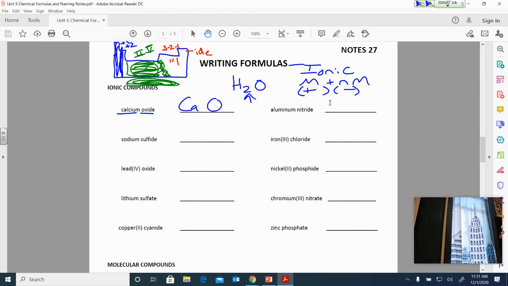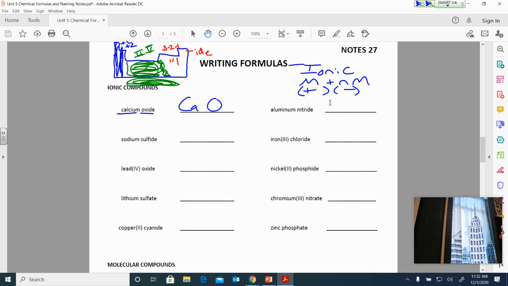Well, how did that 2 get there? How do I know that I have to have 2 hydrogens to that 1 oxygen for it to balance? You did the puzzle pieces yesterday, putting them together and seeing why some things need more of one element than another to balance their charges. But how do I know it right now? I don't have the puzzle pieces.